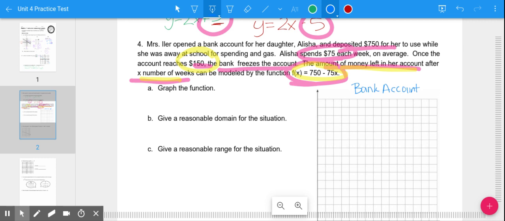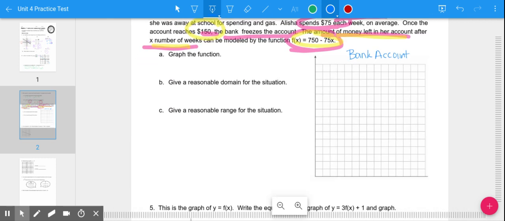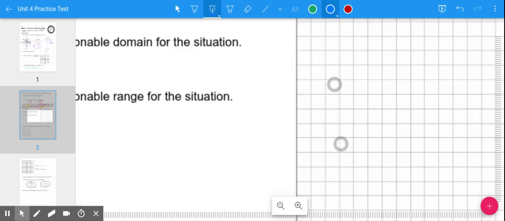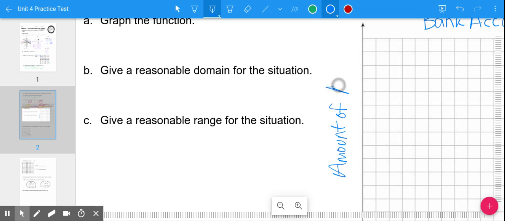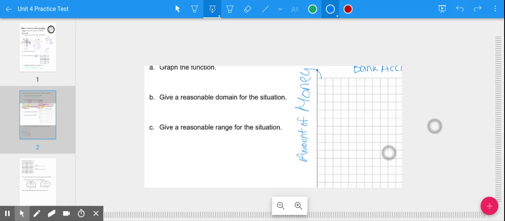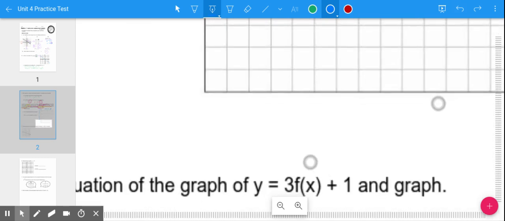So we're going to start by having a title. We're going to do bank account. And then on our y-axis is going to be amount of money, and our x is going to be number of weeks.